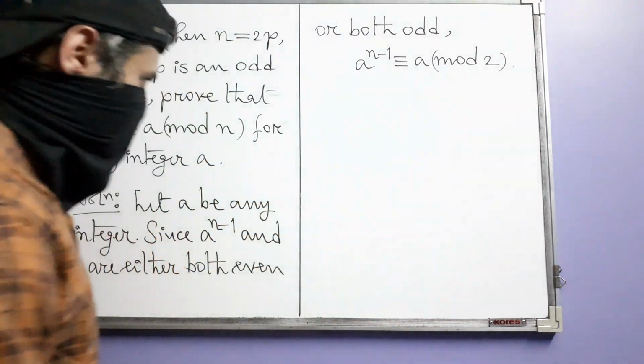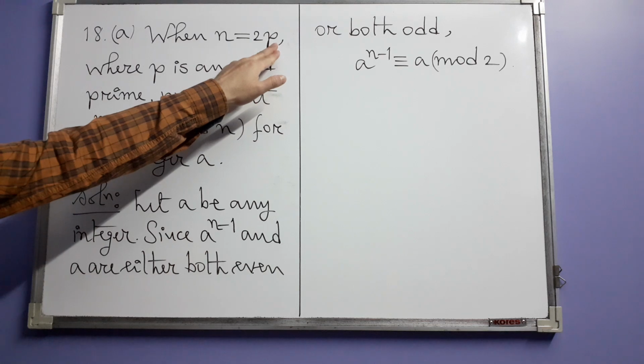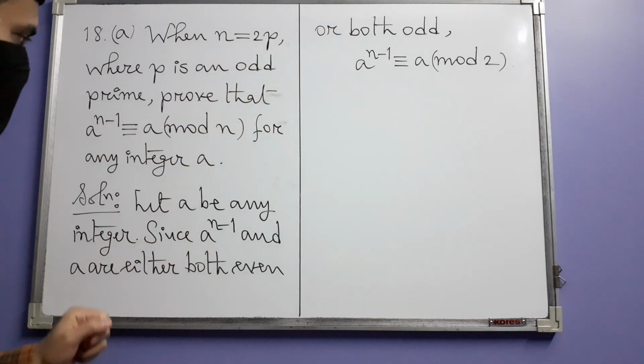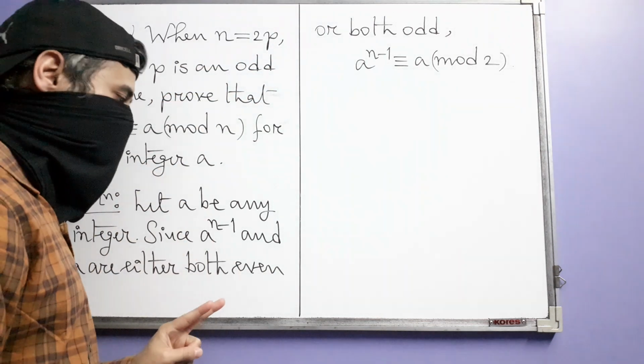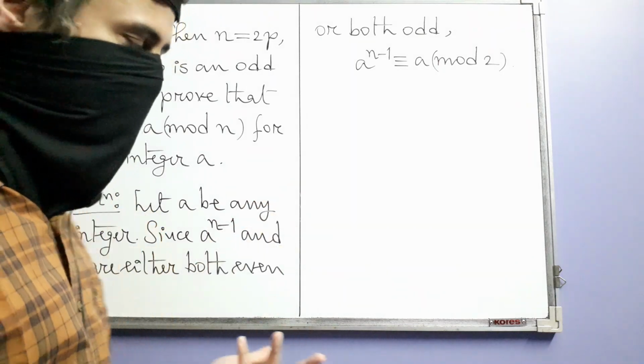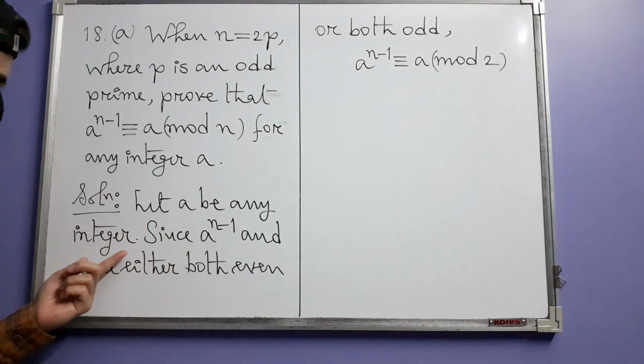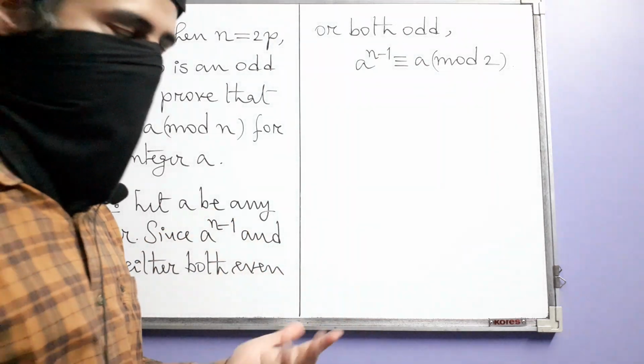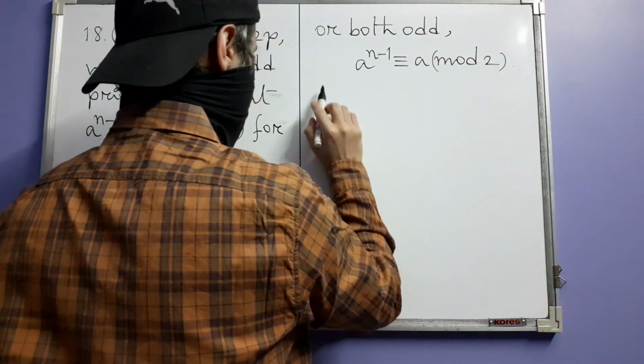Now we concentrate on this modulus p, and here there will be two cases depending on whether p divides a or p does not divide a. Since a is any integer, any one of these two cases may be true.